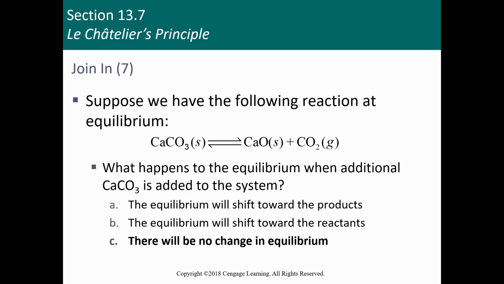So what happens when we add more solid into an equilibrium expression? It has no effect, does it? Because remember, the pure liquids and pure solids are not included in my equilibrium expression, are they? And so they do not affect the amounts I have, do not affect my equilibrium. They just don't have any effect on my equilibrium constant.